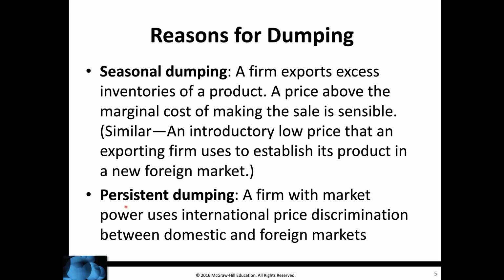Then there's persistent dumping. This is when a firm with market power uses international price discrimination between domestic and foreign markets. So in this case, the domestic markets tend to be subsidizing foreign markets. The company can charge a higher price at home, which allows them to charge a lower price abroad.